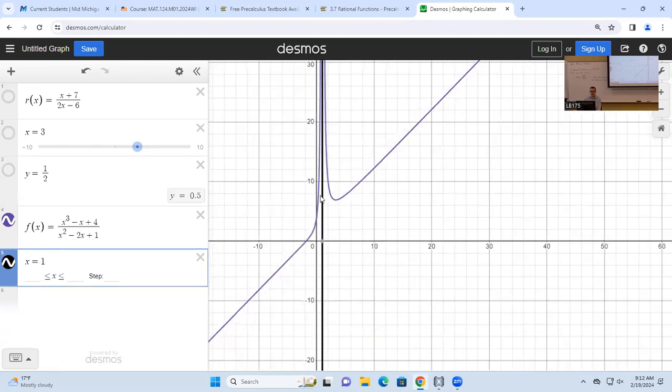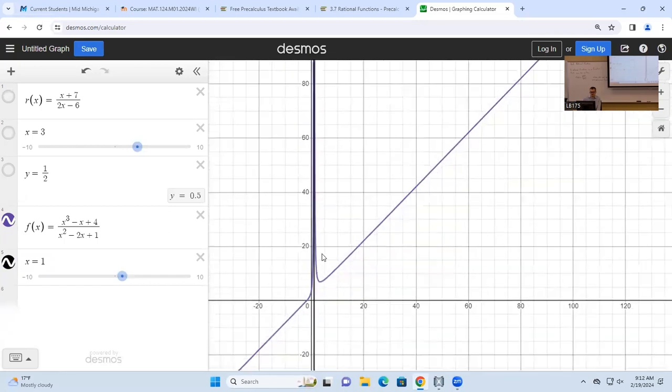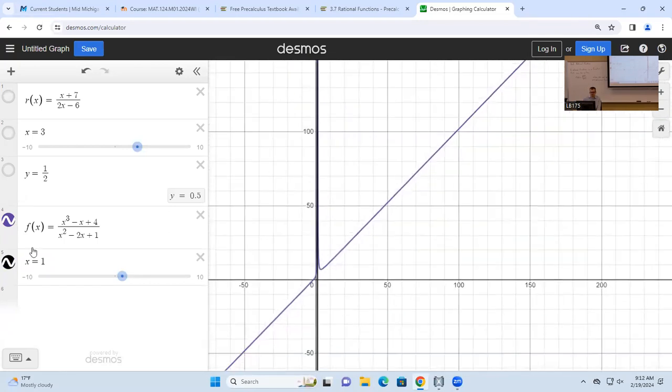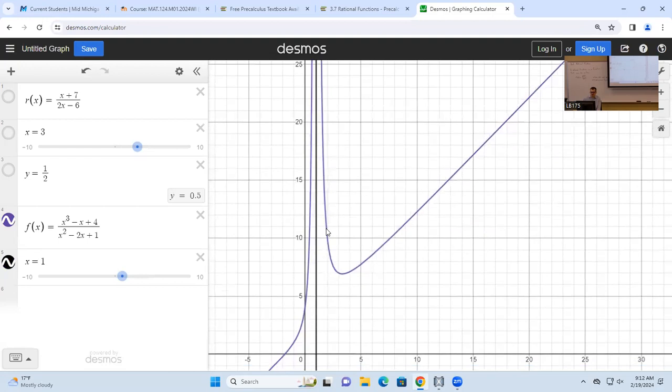But you'll notice it does have a vertical asymptote at x equals 1. But in this case, the vertical asymptote actually shoots off up in both directions, to positive infinity on the right-hand side, and also to positive infinity on the left-hand side.